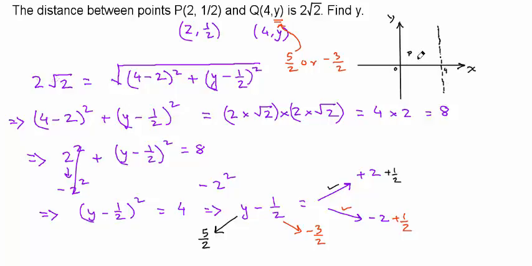Now there obviously will be two different points, one on this side, let's call that Q1, one value for Q, and the other one on this side, let's call that Q2.